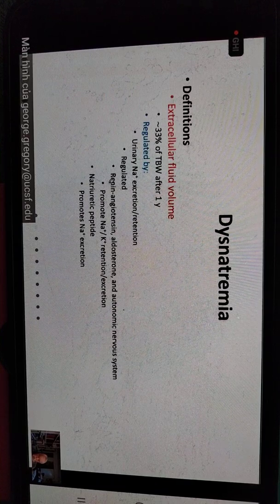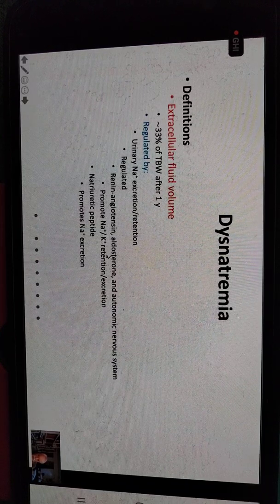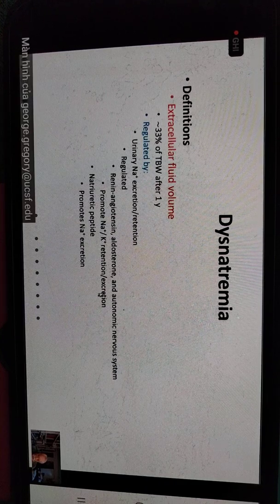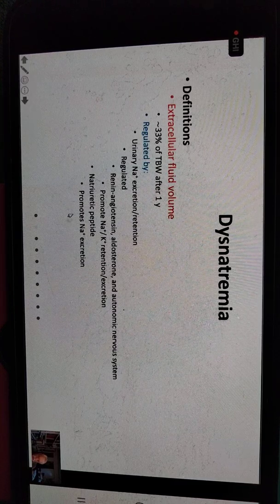The sodium excretion is regulated by the angiotensin system, the aldosterone system, and the autonomic nervous system, which promote sodium and potassium retention and excretion. And then there's the natriuretic peptide, which promotes sodium excretion. So these are all very important for maintaining intravascular volume and extracellular volume.